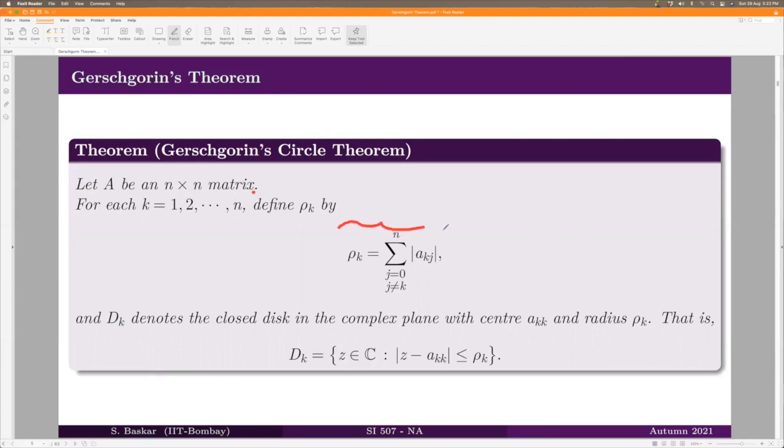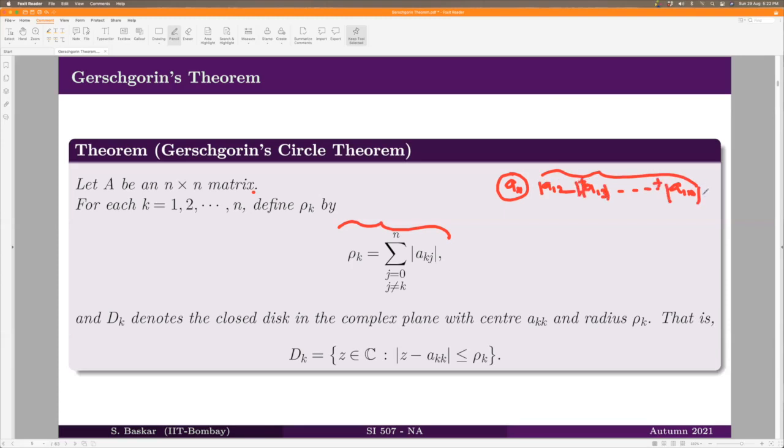The Gerschgorin theorem states that if you have an n cross n matrix, you define n positive numbers like this. How are you doing it? Suppose you have A11, A12, A13, and so on up to A1n. That's the first row of your matrix. You leave the diagonal element, take all the non-diagonal elements, take their absolute values and sum them up.